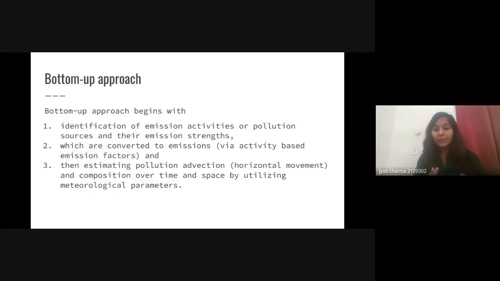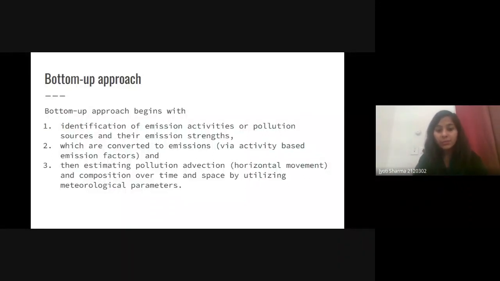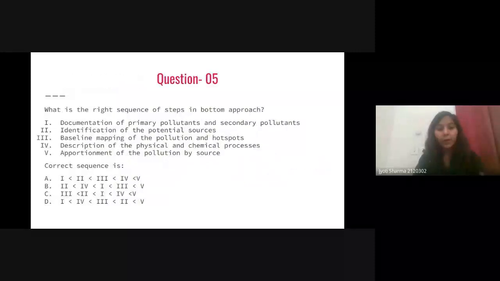So you are calculating this conversion factor. Then you will multiply it. Then there will be a dispersion model, as I told, such as the Gaussian model, that will give you the movement of that pollutant from that source, and then it will give you the concentration of the pollution in your atmosphere. So this is the bottom up approach.